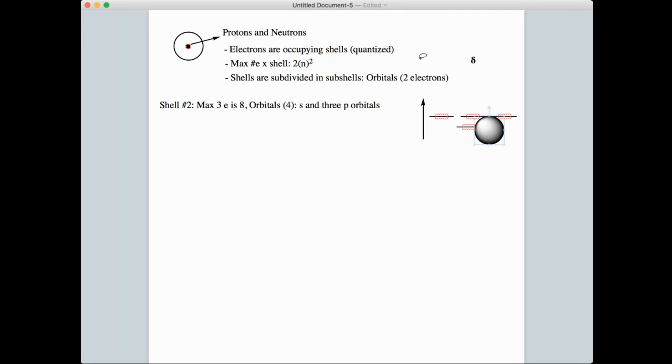The s orbital is a sphere, right? This is the shape, it's a sphere, and the p orbital, anybody remember what's the shape of a p orbital? What are we expecting of the shape of a p orbital? Good, so dumbbells, lobes, perfect. Something like this, correct?